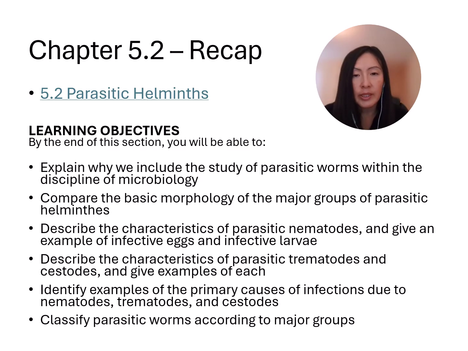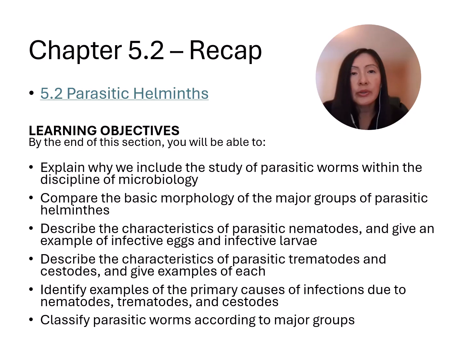For the fourth one, looking at parasitic trematodes. So trematodes are also called flukes. These were non-segmented flatworms that had oral or ventral suckers. They had complex life cycles with multiple hosts. We talked about Clonorchis, that's a liver fluke, Paragonimus, the lung fluke, and Schistosoma, that are blood flukes.